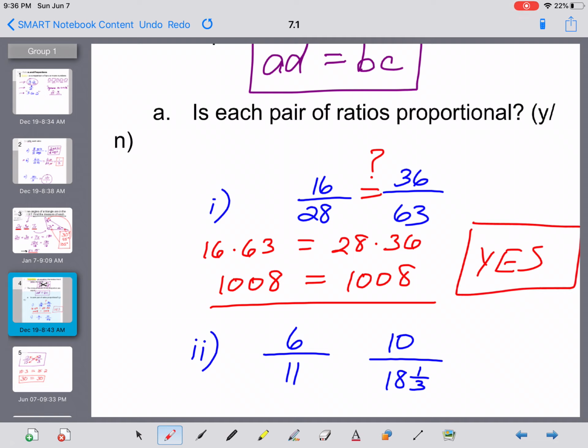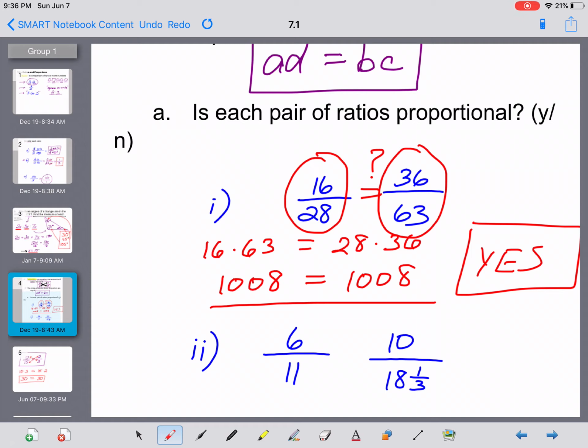To kind of put this in context, let's say you were playing basketball and you shoot free throws and you made a grand total of 16 out of 28 total free throws that you threw. A friend of yours practices longer than you do and she makes 36 out of 63 free throws. So the question is, which one of you shot better? You at 16 out of 28 or your friend at 36 out of 63?